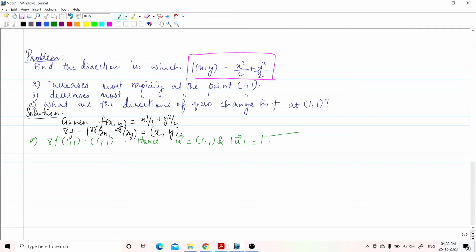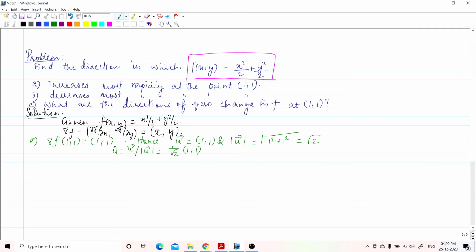This is under root 1 square plus 1 square, which is under root 2, which is not equal to 1. Therefore, it is not a unit vector. The corresponding unit vector may be written as u vector upon absolute of u vector. So 1 upon under root 2, 1 comma 1. This is your corresponding u vector.